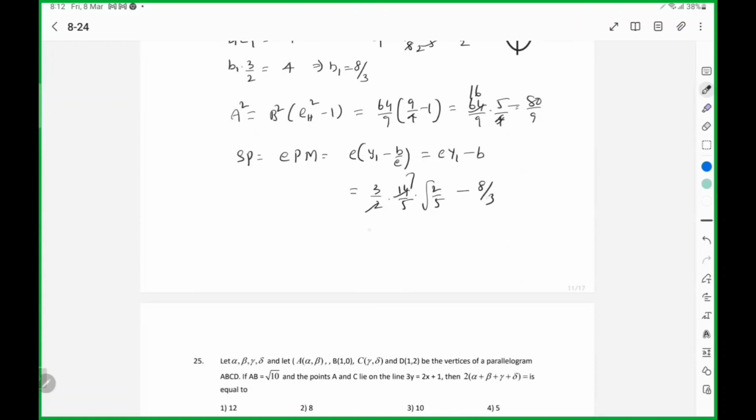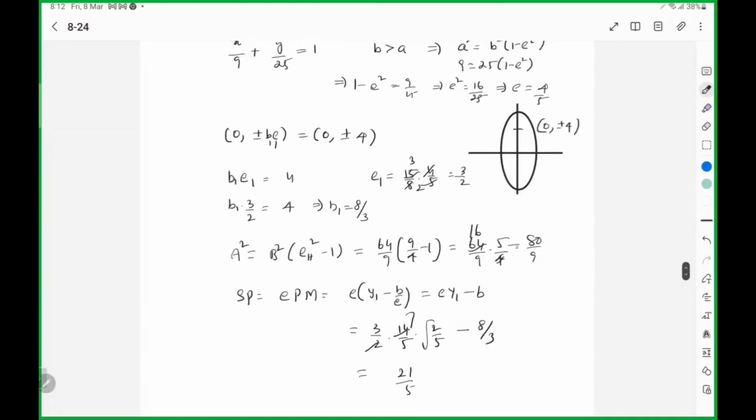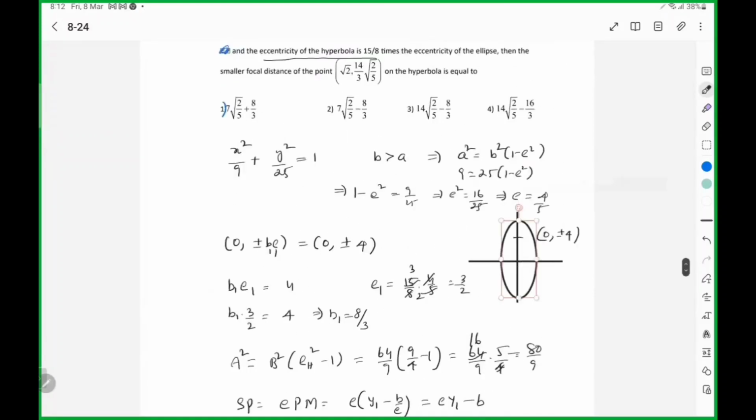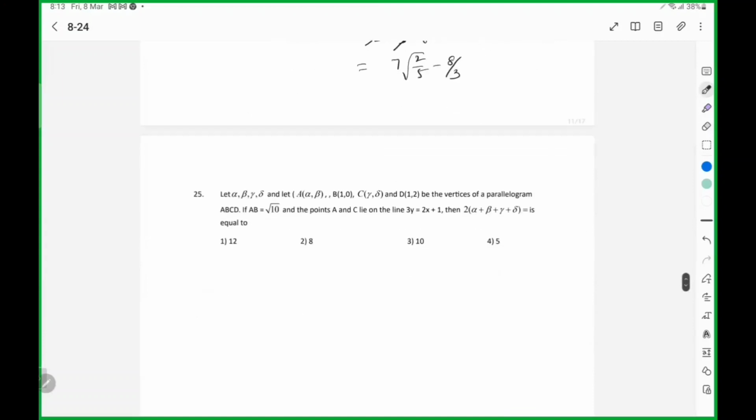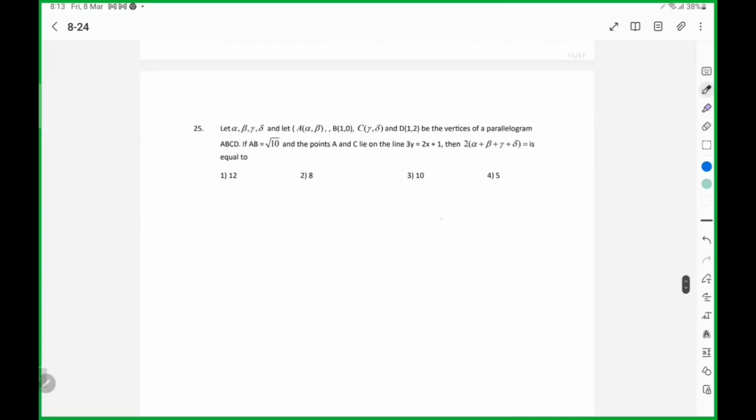So here it is 21 by 5. So 14 by 1 is 14 by 3, sorry. 3 gets cancelled. 7 of 2 by 5 minus 8 by 3. Here it is.